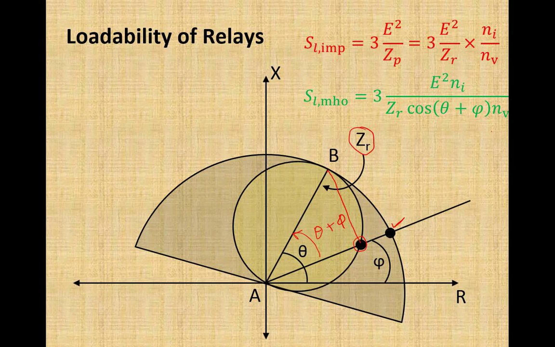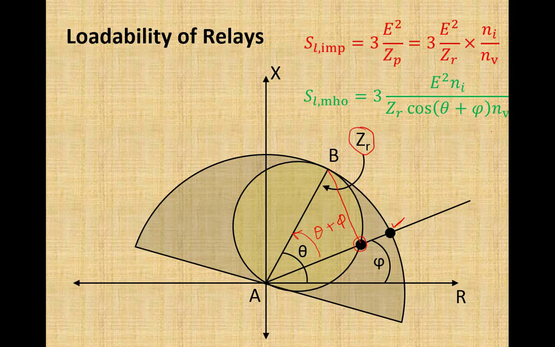So the loadability of this Mho relay will become 3 times E squared, that is the line to neutral voltage, divided by ZR cos(theta plus phi), and this Ni over Nv is to convert the actual system impedance into the relay setting impedance seen by the relay on the secondary side. So these are the two formulas that we can use to find the loadability of the impedance relay and the Mho relay.